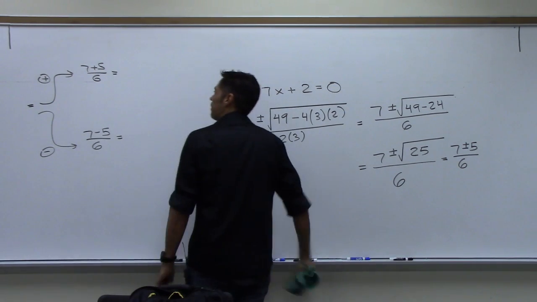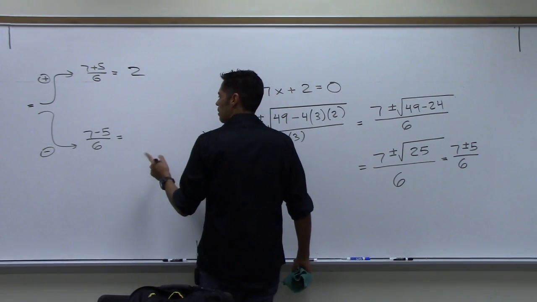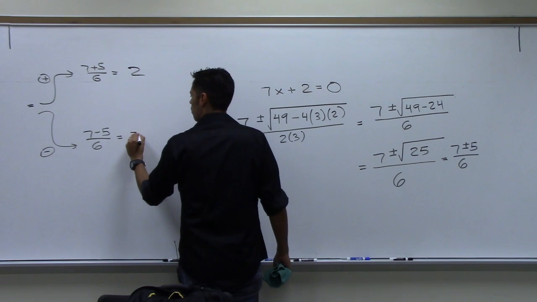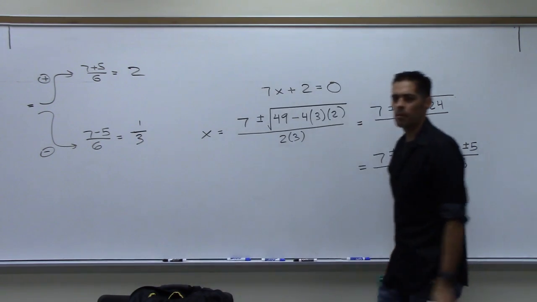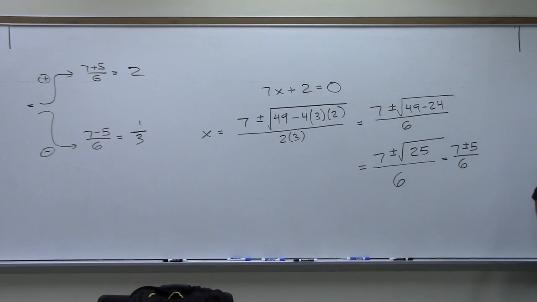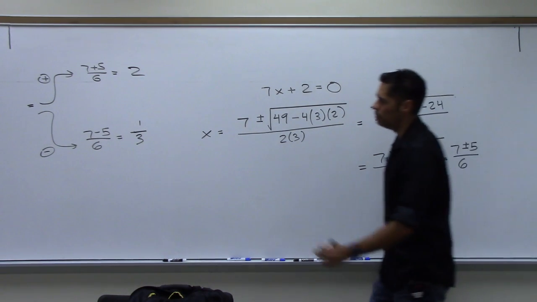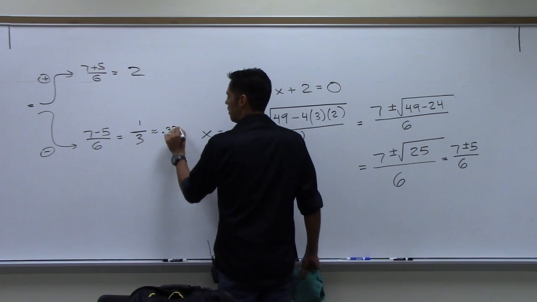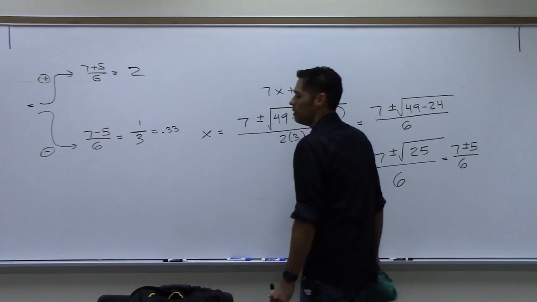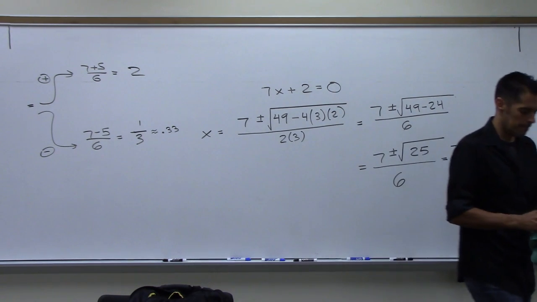What do we got? 2 and 1/3. Which as a decimal is 0.333, but I'll just say 0.33. So those are our two x-intercepts.